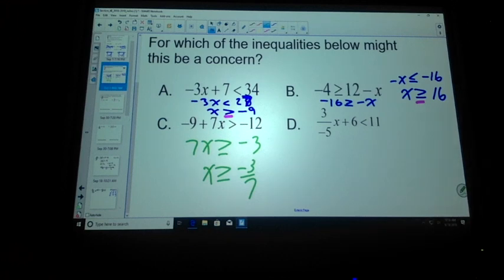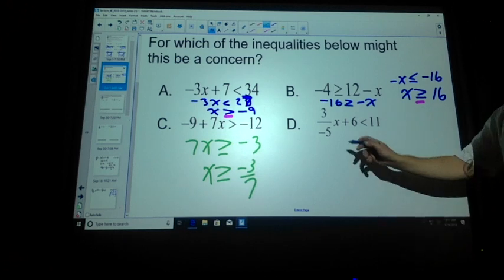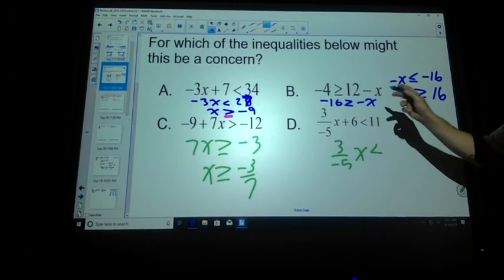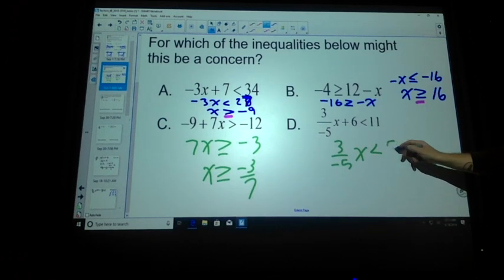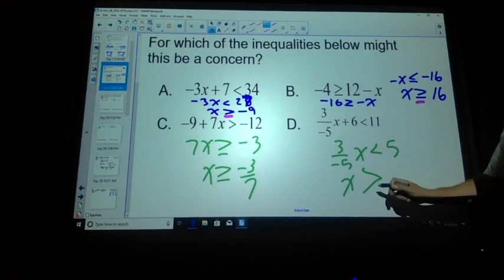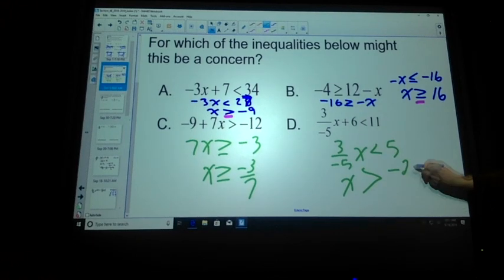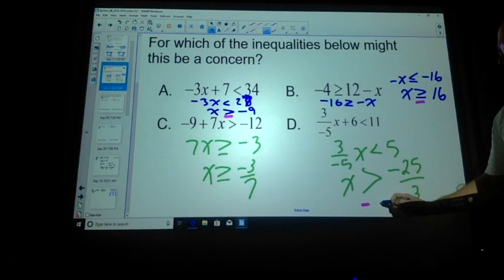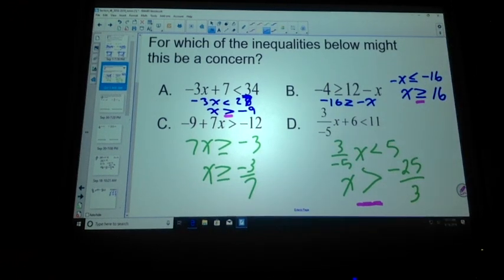We could, again, put it on a number line and it should be fine. And then this last one, let's see. If I subtract 6, I get to 5. I multiply both sides by a negative, so that sign has to flip over. So I get a -25 over 3. So I'm underlining the pink ones, not because it's equal to. I'm just underlining those are where our sign had flipped over.